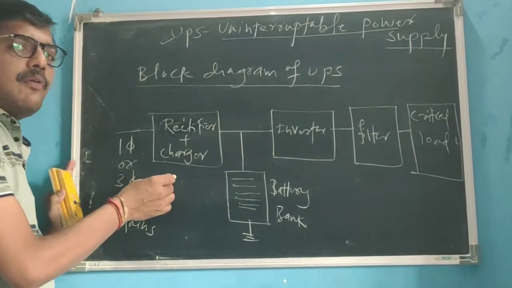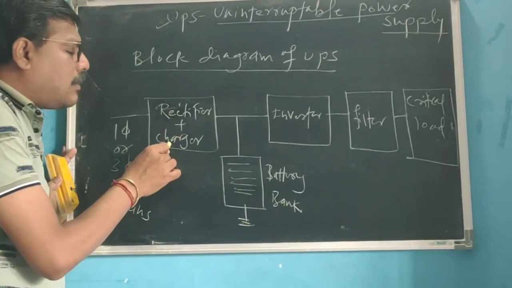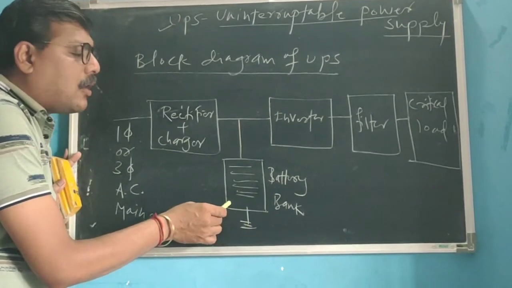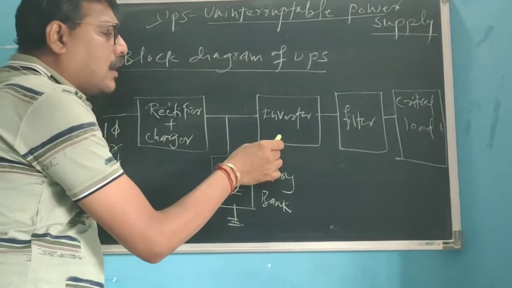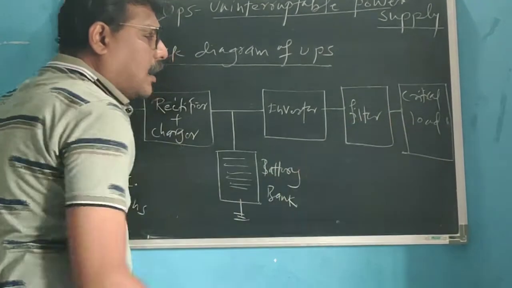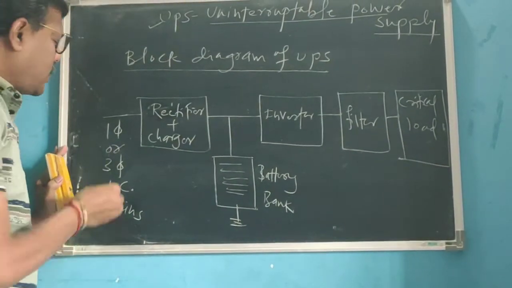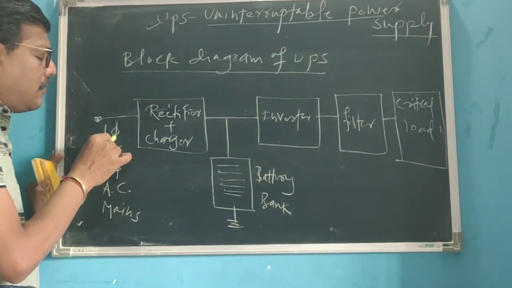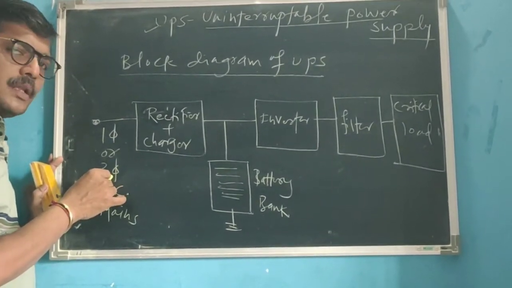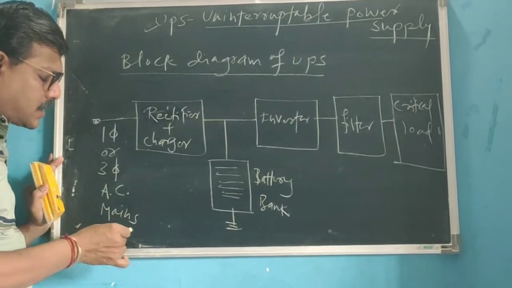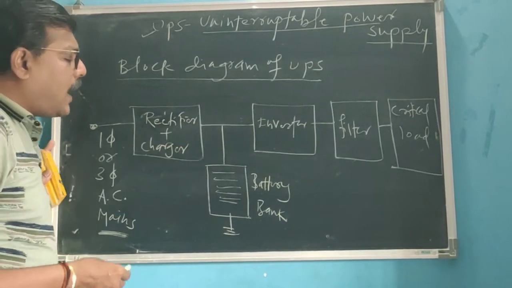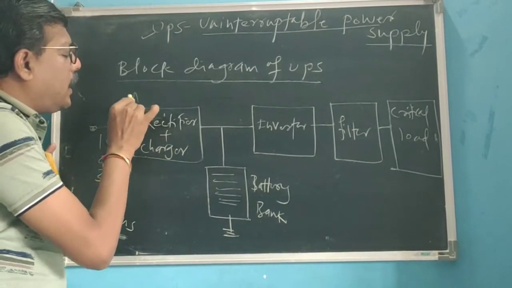This block diagram involves the rectifier cum battery charger, the battery backup, which may be called a battery bank, the inverter, filter, and a critical load. At the input, we have the input supply, which may be one phase or three phase AC mains. The AC supply, called mains, is given to the rectifier. The rectifier converts AC to DC.